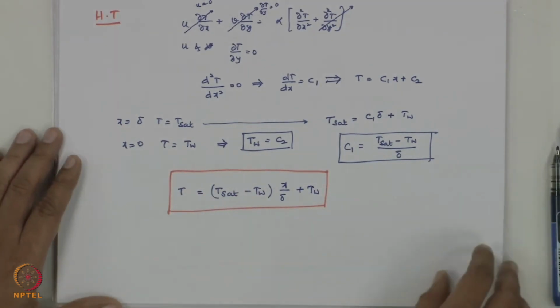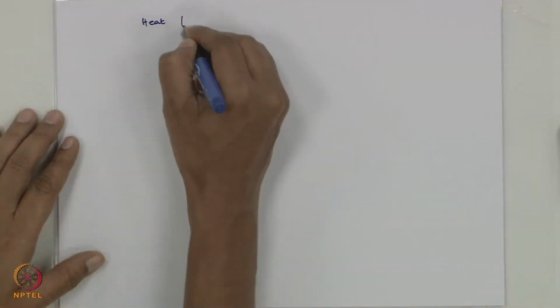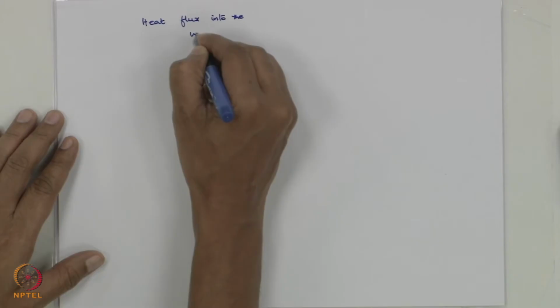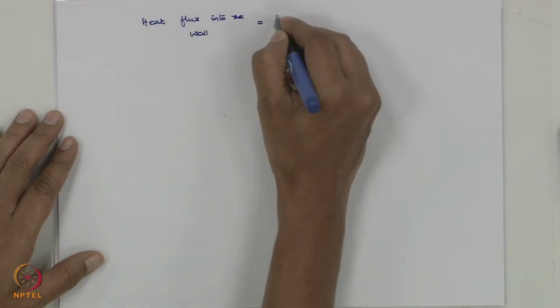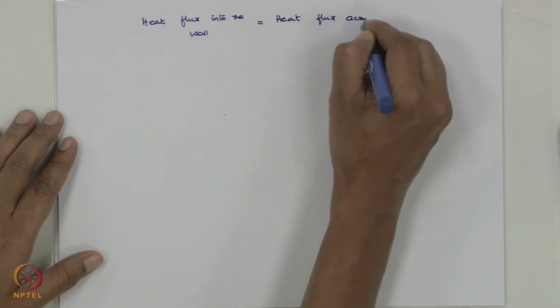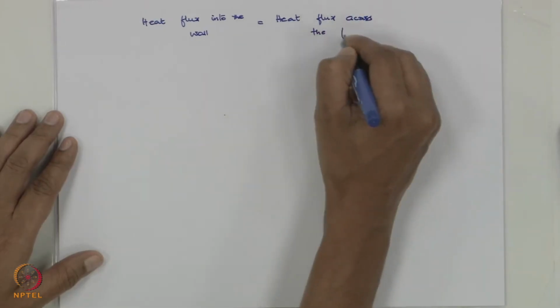Okay, now if we take up the heat flux, that is, heat flux into the wall is equal to heat flux across the film. This is the energy balance.